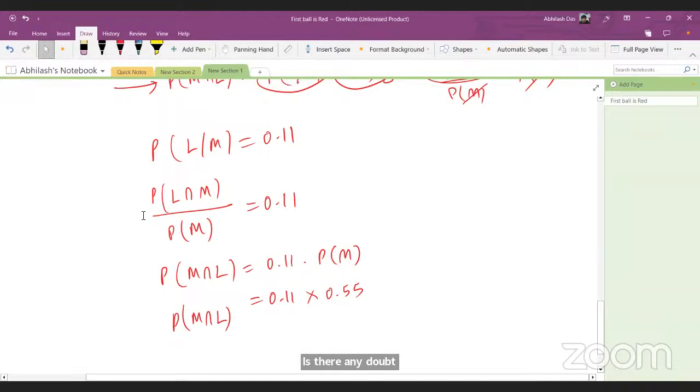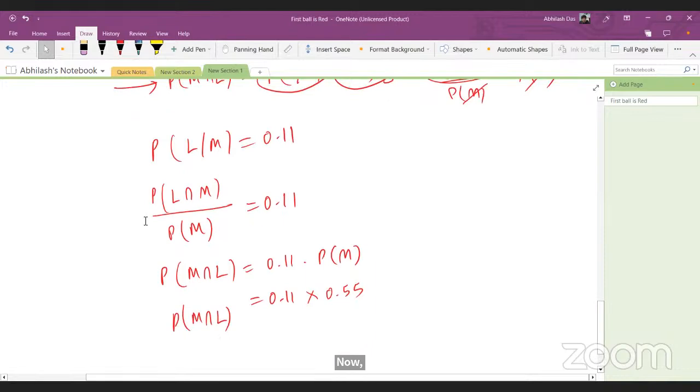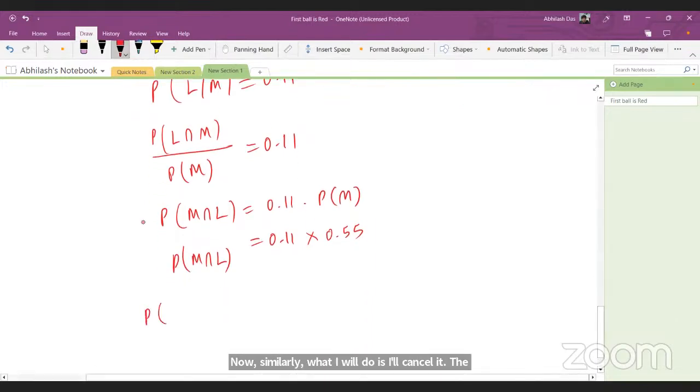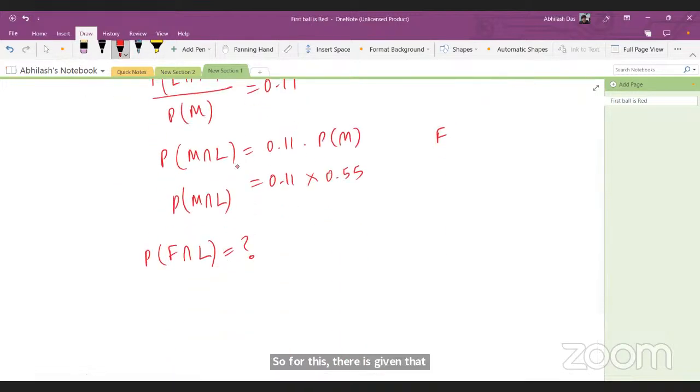Okay. Now, similarly, I'll calculate P of F intersection L. This one I need to calculate. So for this, it is given that, given it is female, left-handed is 0.09.